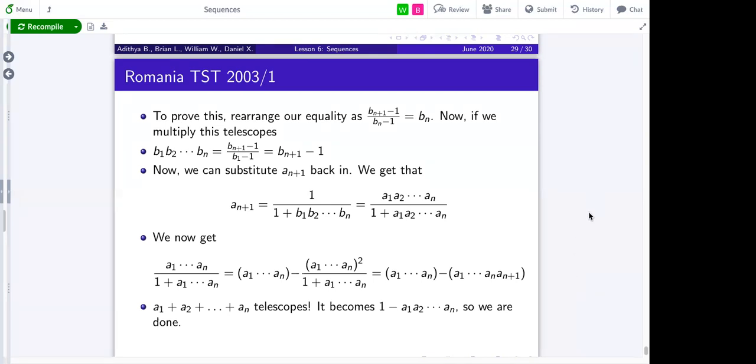But then the right term, we're multiplying the product of the first n terms by the left-hand side. And the left-hand side is a of n plus 1. So what we're doing is multiplying the product of the first n terms by a of n plus 1, which is going to be the product of the first n plus 1 terms. Does that make sense?